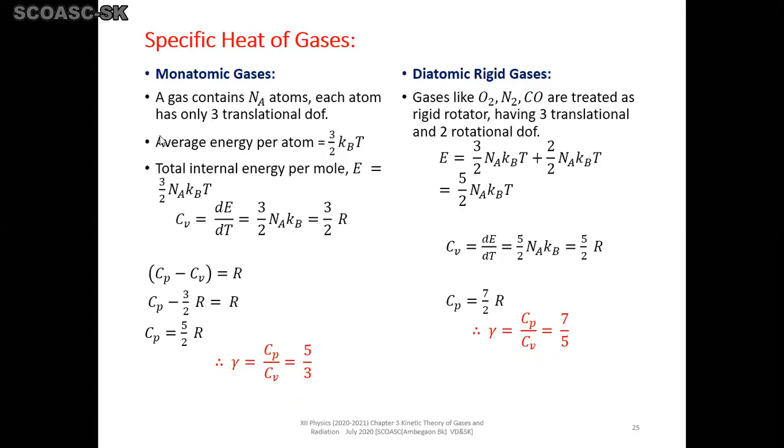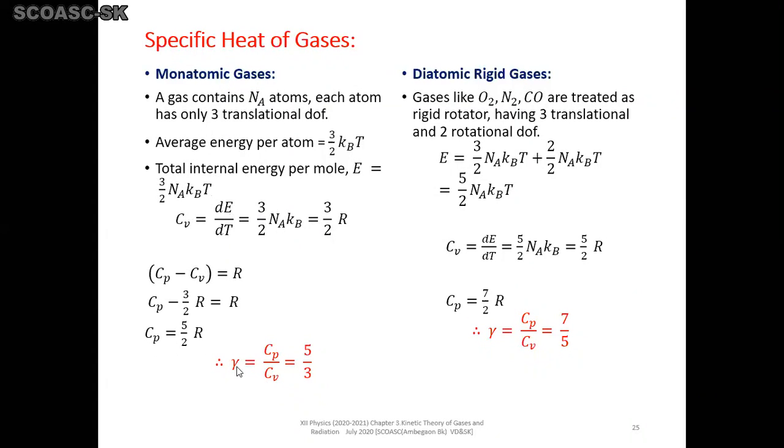For a monoatomic gas molecule, the average kinetic energy per atom is 3 by 2 kBT, of course. And the internal energy, for Na, Avogadro's number of molecules, is 3 by 2 Na kBT. If I find out Cv, the molar specific heat at constant volume, it is nothing but the change in internal energy per unit temperature. I get this expression, and that is going to be 3 by 2 R. So if I substitute it here, I will get the answer for Cp.